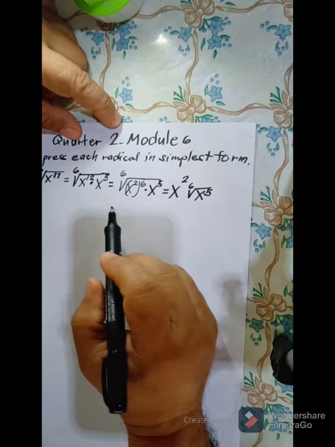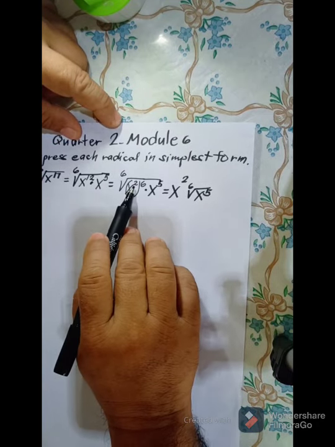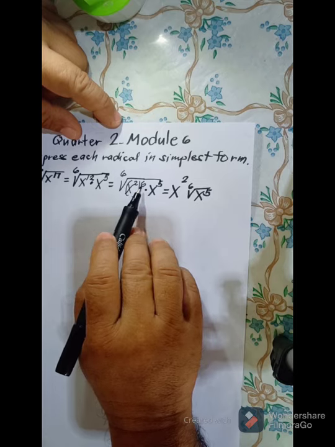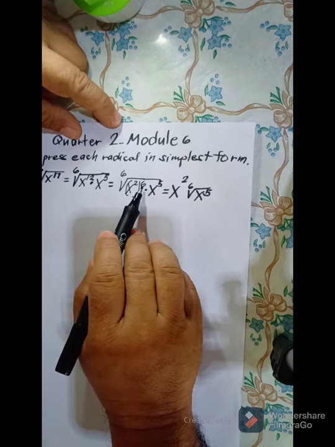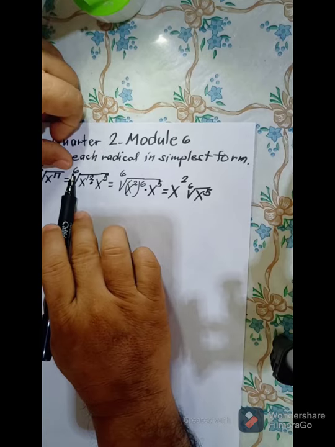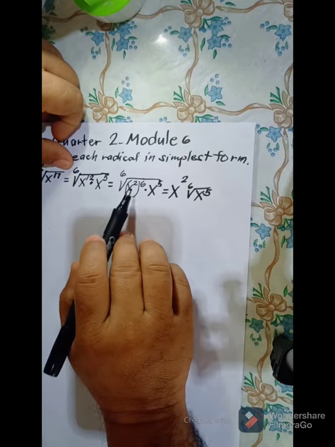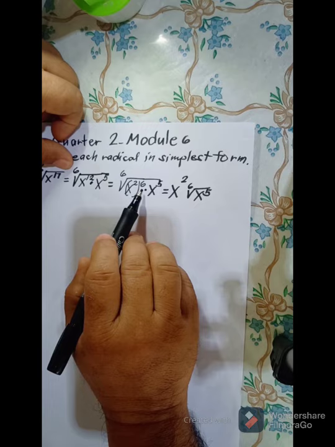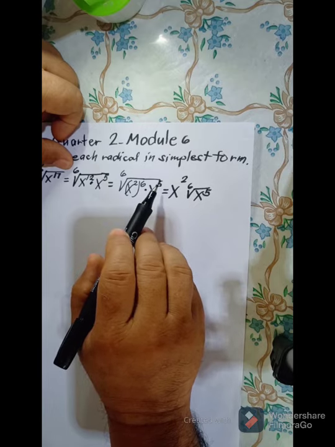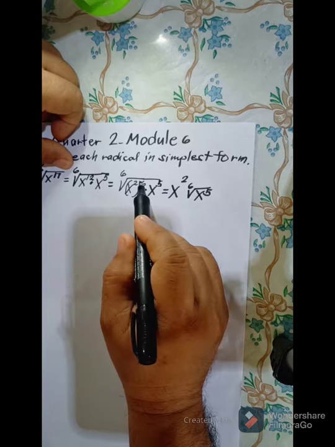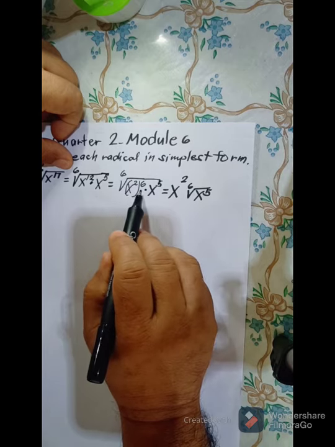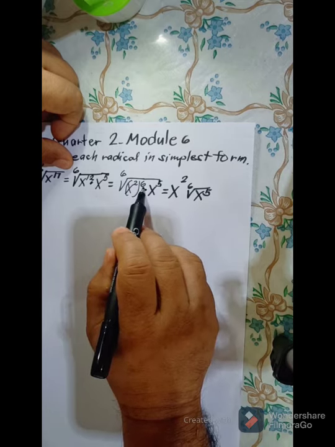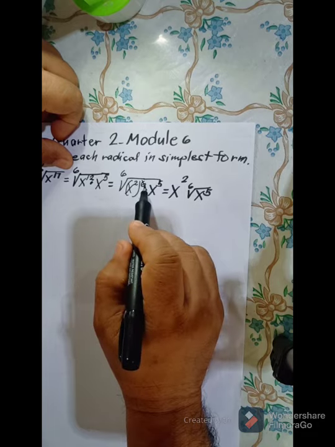Again, we choose 2 and 6, or 2 times 6, as the exponent of x because 12 divided by 6 is 2. So we have x squared raised to the power 6 times x to the power 5. Since the power of x squared, 6, is equal to the index, we cancel 6.